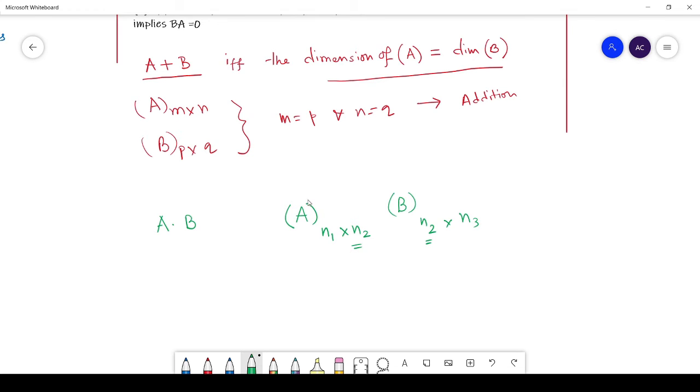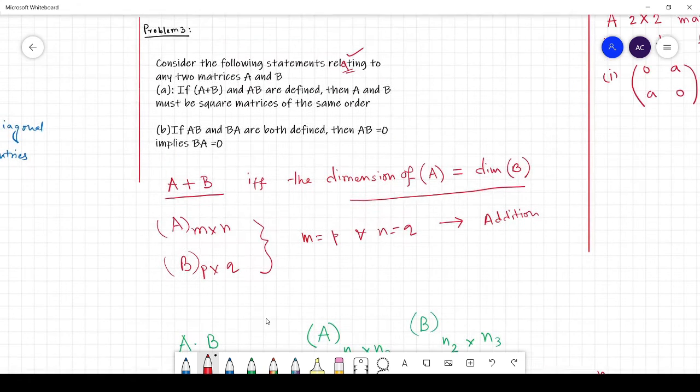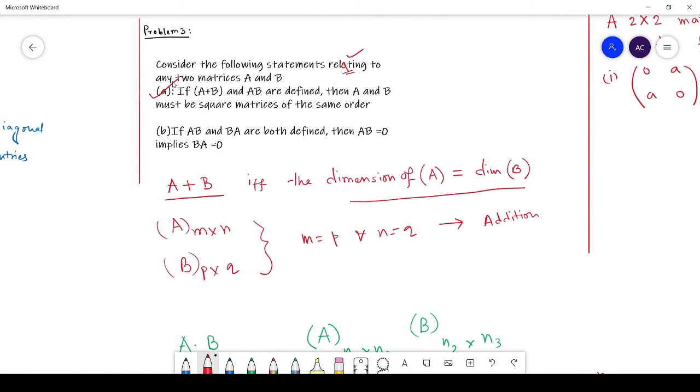Now from the first condition, since addition is also defined, n1 must equal n2, and n2 must equal n3. Using these two equations, we get n1 equals n2 equals n3, which basically says the matrix must be a square matrix. So the first statement is correct.